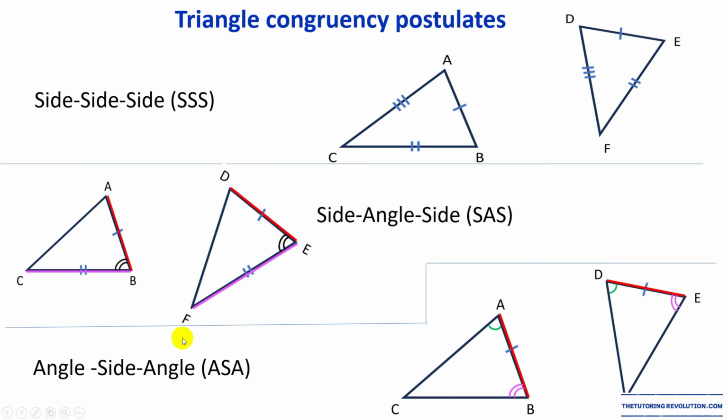And the final postulate that we saw today is the angle side angle, or ASA, which says that if we have a common side in two triangles, right? This side is congruent to this side, and the two angles that are on each side, flanking this side, are also congruent between triangles, then we can say that those two triangles are going to be congruent.